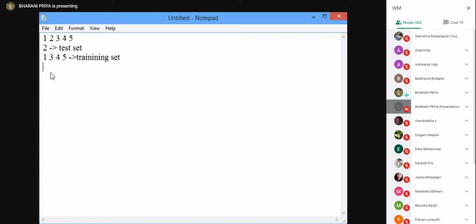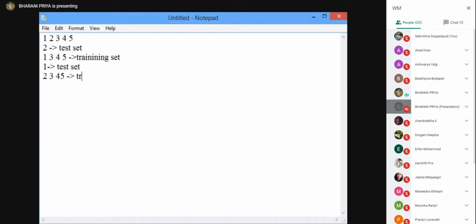It is an iterative process. In the second step, you take one more subset, now randomly. Now 1 will become the test set, and 2, 3, 4, 5 will become the training set.